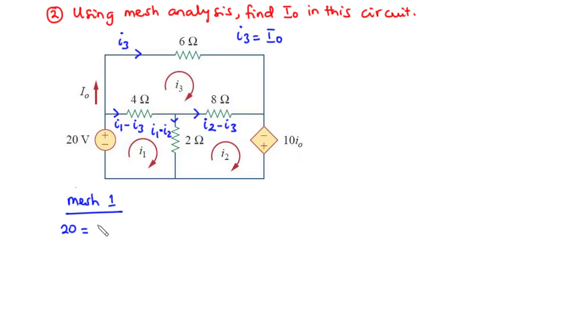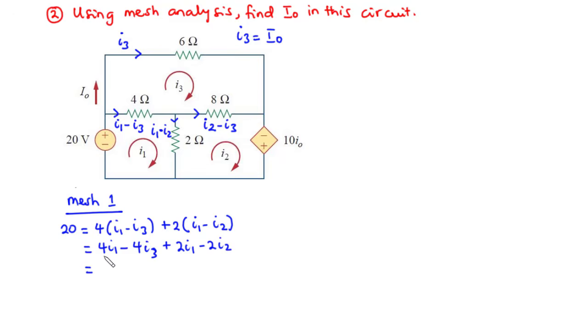So we have 4 times (I1 minus I3), plus 2 into brackets (I1 minus I2). So we multiply across, we have 4I1 minus 4I3 plus 2I1 minus 2I2.